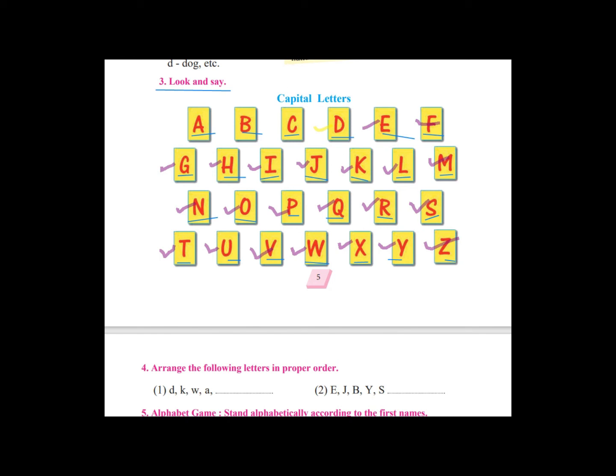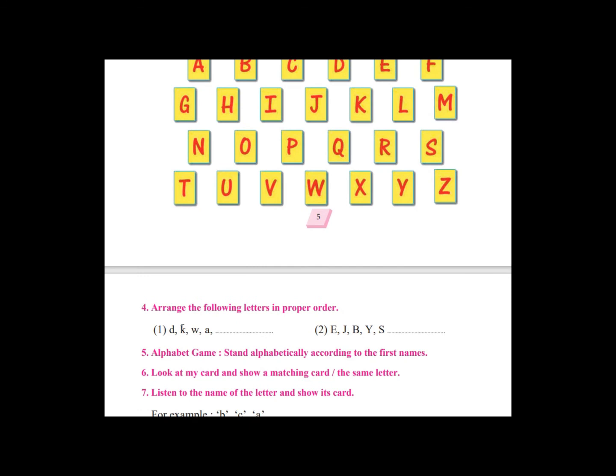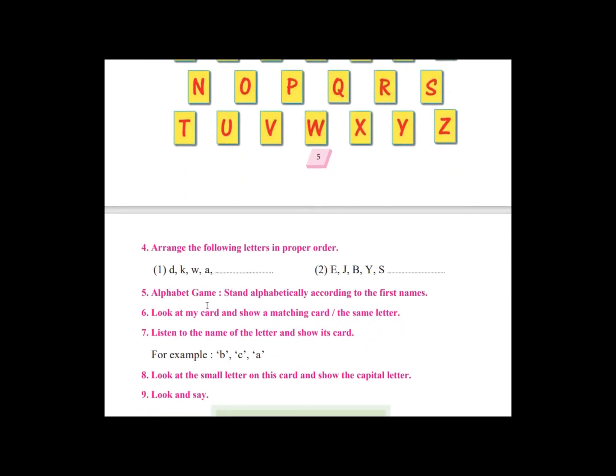So this way today we have learned alphabets again. Students, see what you have to do. You have to arrange the following letters in proper order. Some alphabets are given. In this, what is given?